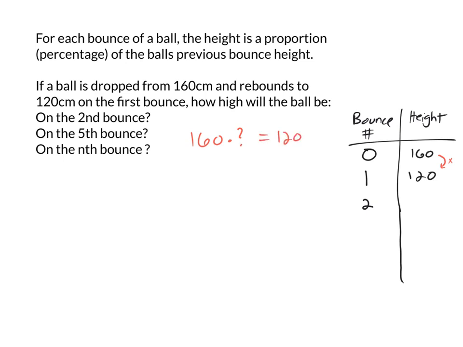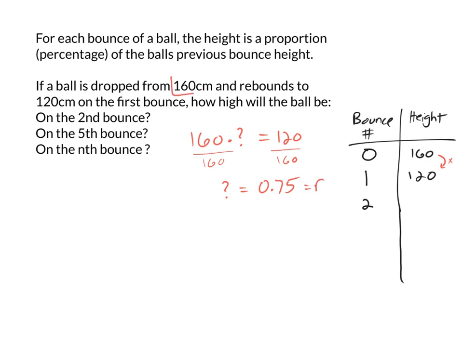And I can use basic Algebra 1 skills. Divide by 160, divide by 160. My bounce rate is 120 divided by 160, which is 0.75. So this is actually my growth rate.